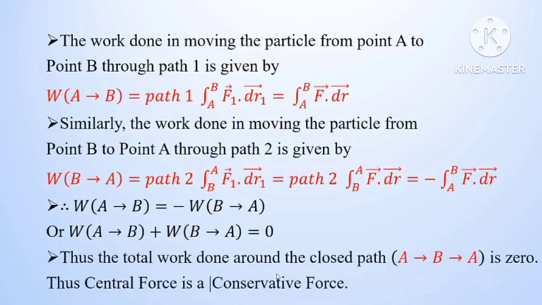The work done in moving the particle from point A to point B through path 1 is given by W_AB is equal to the integral of F1 into dr1, which is equal to the integral from A to B of F into dr. Similarly, the work done in moving the particle from point A to point B through path 2 is the integral of F2 into dr2, which is equal to minus the integral from B to A of F into dr. Therefore, W_AB is equal to minus W_BA, or W_AB plus W_BA is equal to 0.